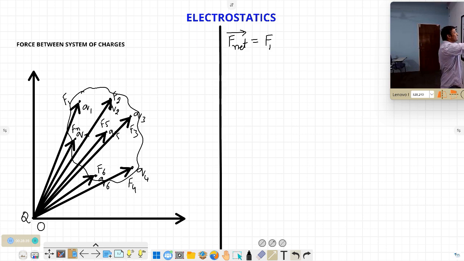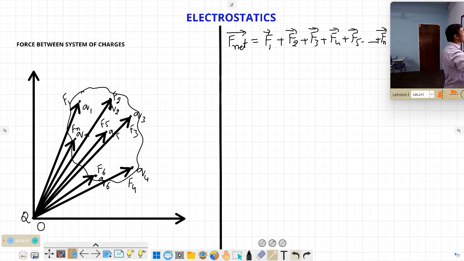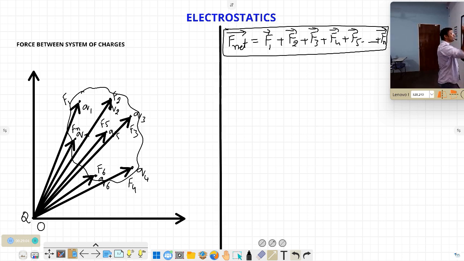That's why F1 plus F2 plus F3 plus F4 plus F5, and so on, plus Fn. All are vectors, so we are going to add them by vector summation. This is called the vector sum representation of the net force acting on the charge.